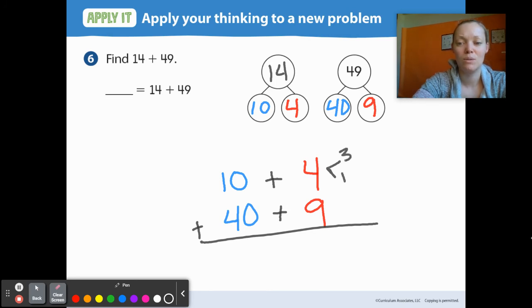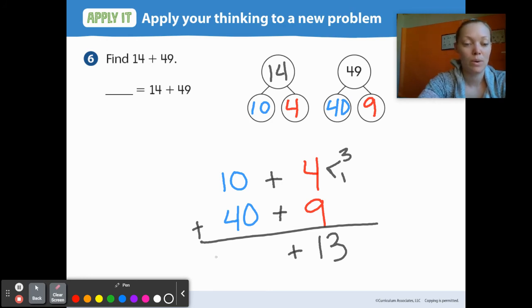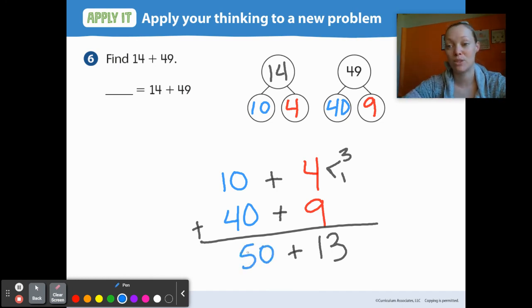I know that 9 and 1 make 10, plus 3 more is 13. And then I can add 10 and 40, which is 50. Now I have 50 plus 13.